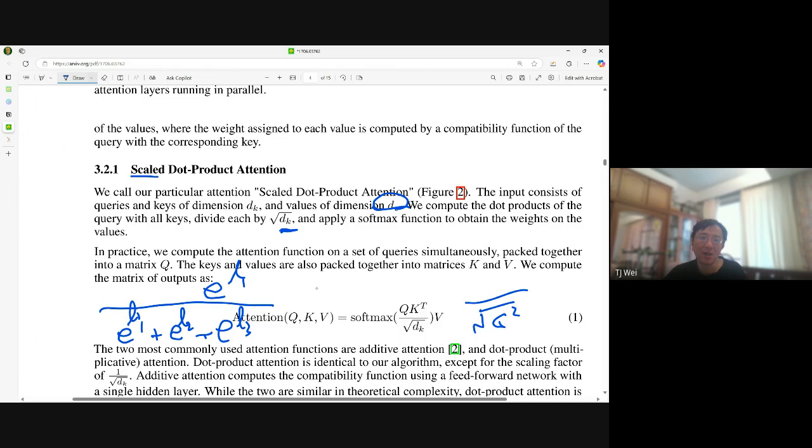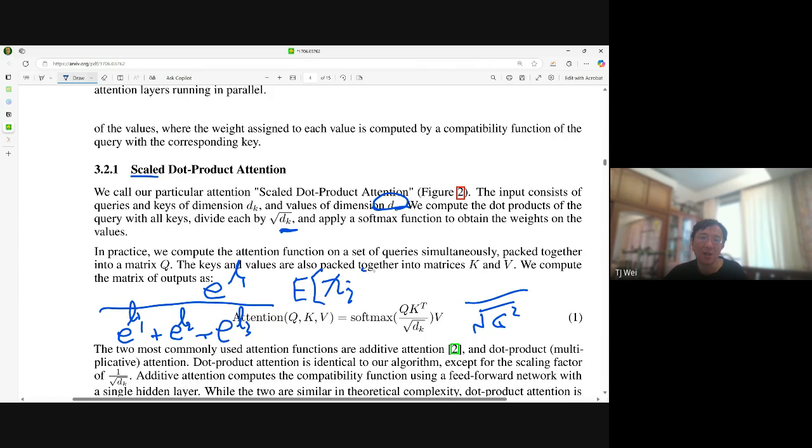Suppose we have n random variables xi. Let me write like this.